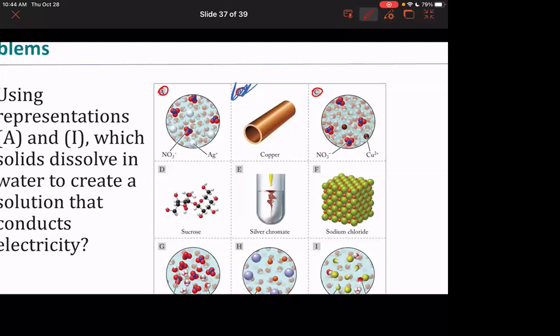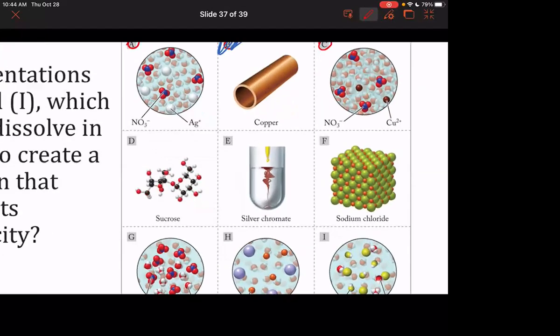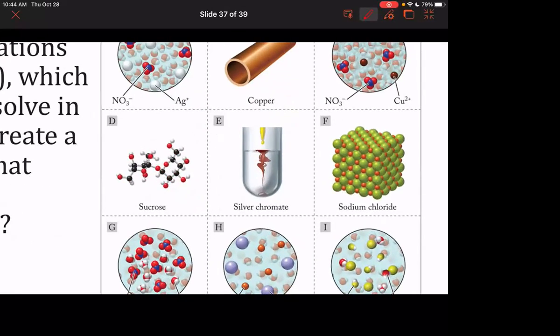E. Well, what's it visually showing you? A precipitate, which means it's not going to create a lot of ions in solution, right? That's that point I made before. Anything that does go into solution will form ions, but they won't be appreciable enough to conduct electricity. So they're not considered strong electrolytes.